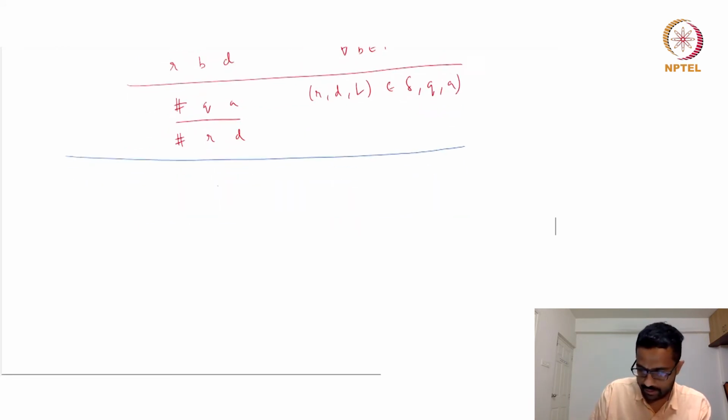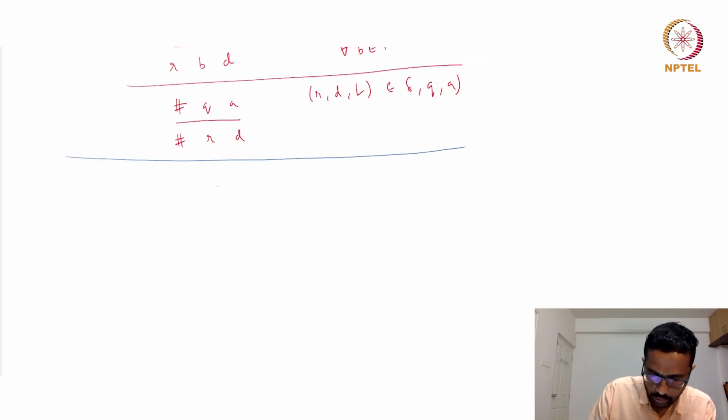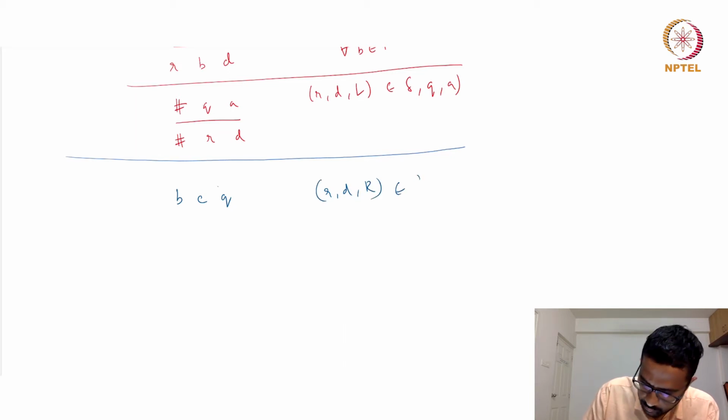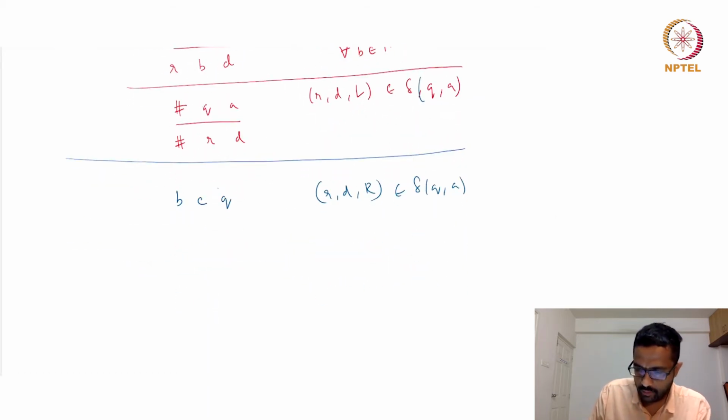Now, just to illustrate, I'll show one or two examples where the state is in the right end of the top row. So let's say it was like this, B C Q, and let's say R D R was in the transition function. So what does it mean?